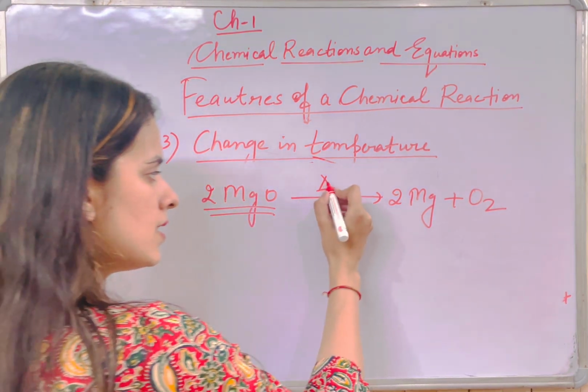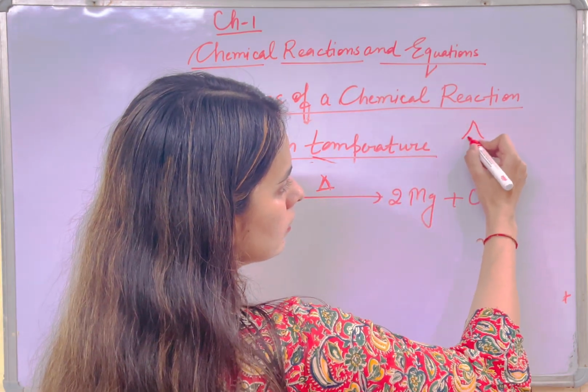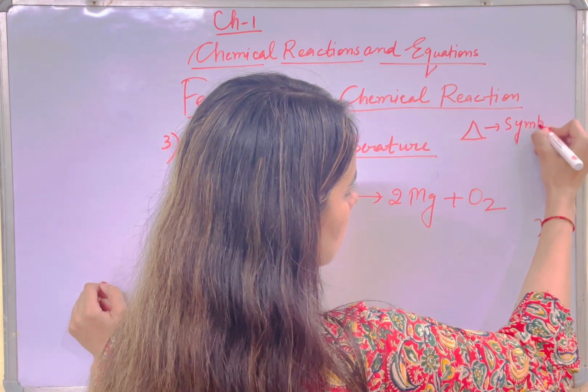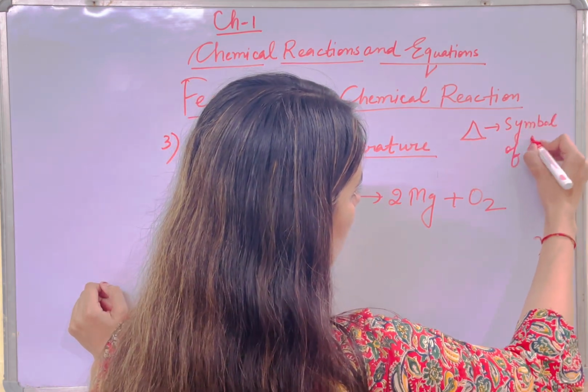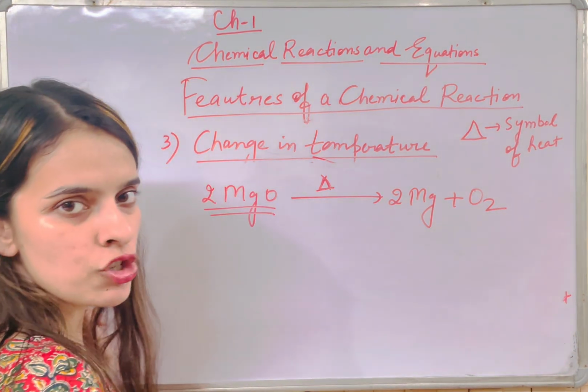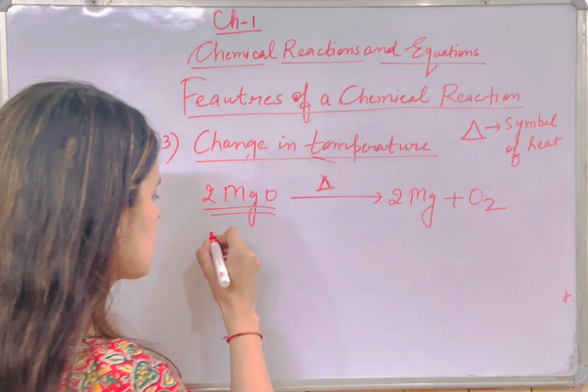This triangle is a symbol of heat, that you are supplying heat. Right? So next is calcium carbonate, limestone. You can heat a limestone and you can form the products.